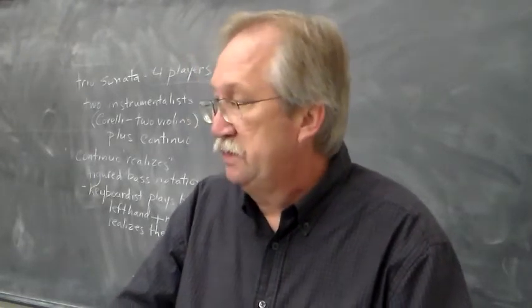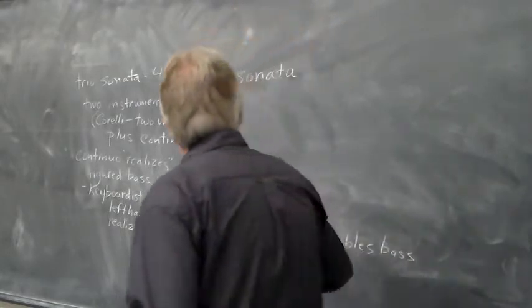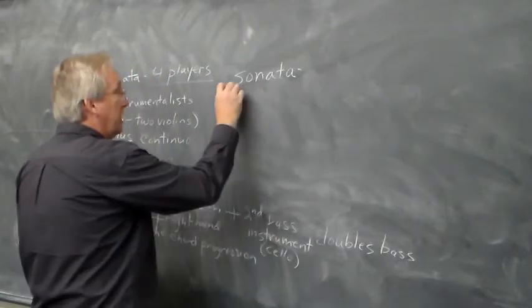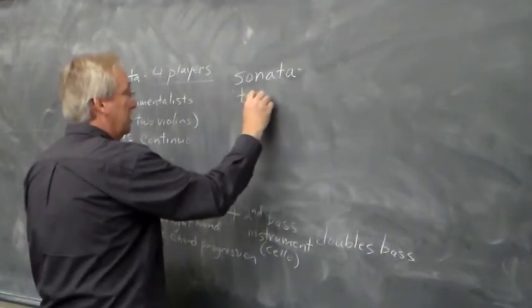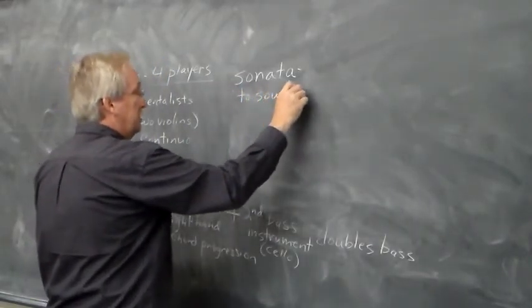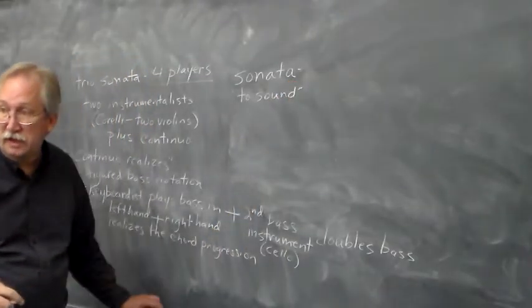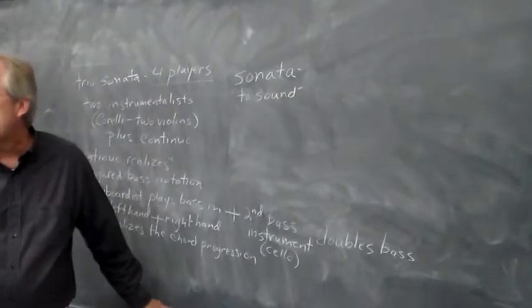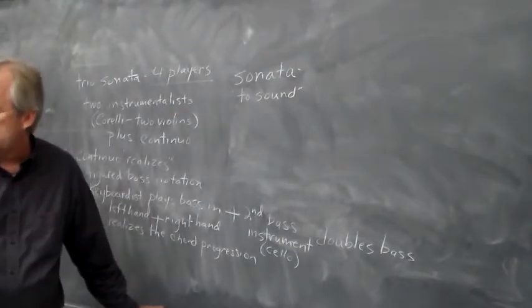But in the 17th century, this takes on a more specific meaning. The word sonata means to sound, so that just indicates that it is a work that is for instruments as opposed to a cantata, which is a work that's for singers.